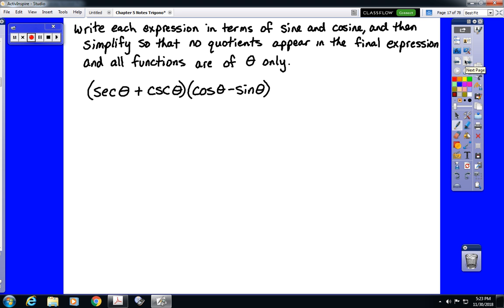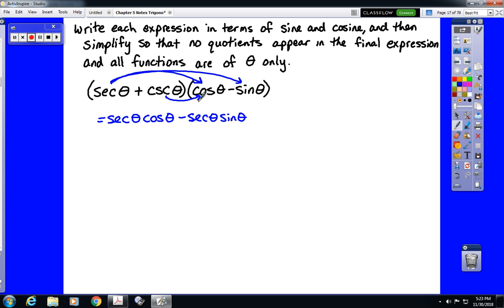Looks like 5 to go. I'm going to speed up a little bit here relatively soon. So here we have two pairs of parentheses. What should we do? We should multiply. So we're going to multiply this out. Secant times cosine is secant cosine. There's no trick to it. We just write them next to each other, indicating they're being multiplied. Secant times sine, negative sine, is negative secant sine.